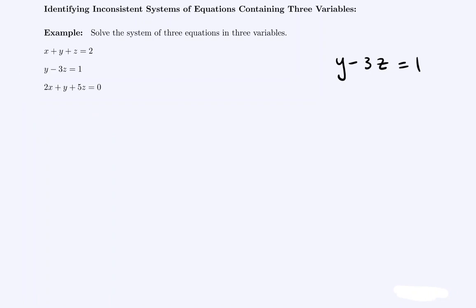We would want to multiply the first equation by -2, because since there's a positive 2x, if there's a -2, then the x's would cancel, and I have to distribute that to each term. That would give me -2x minus 2y minus 2z equals -4, and we were going to add that to the third equation unchanged.